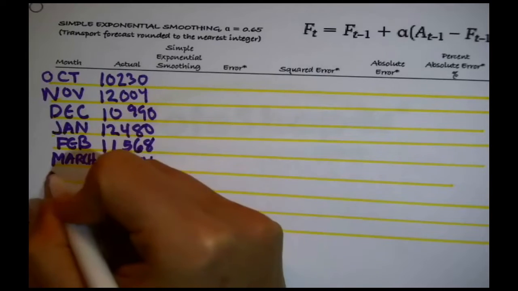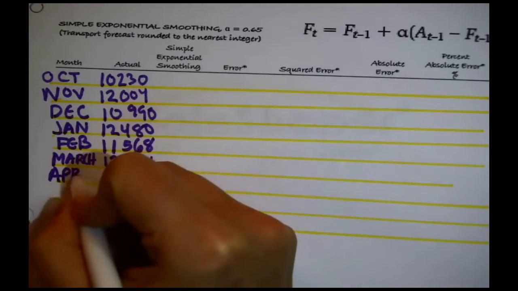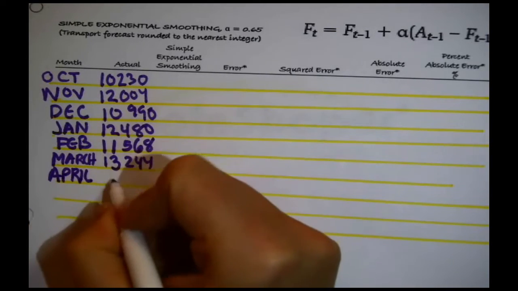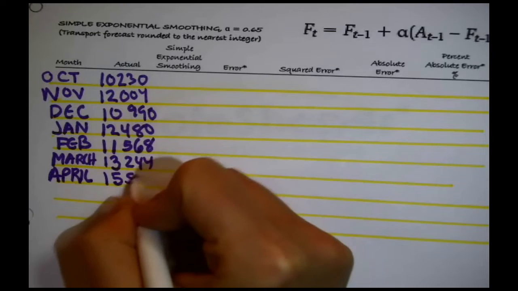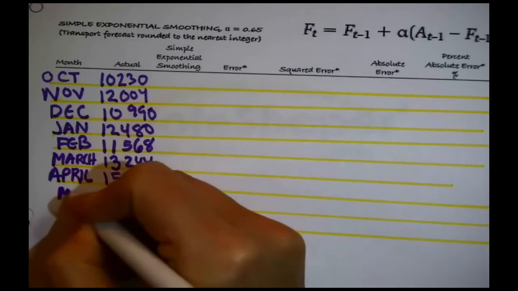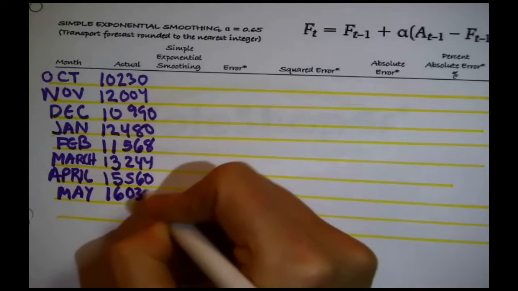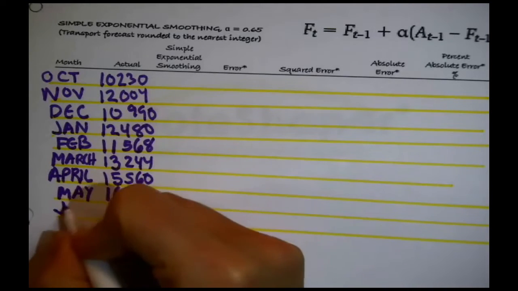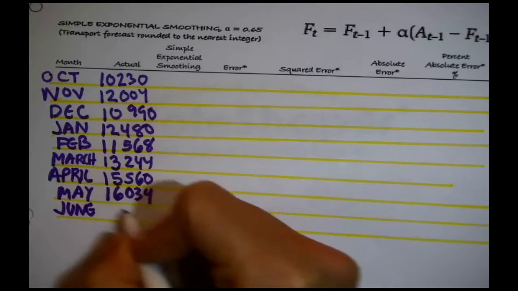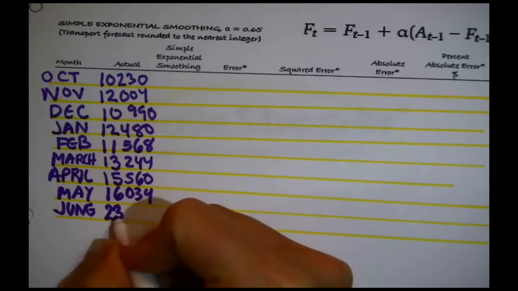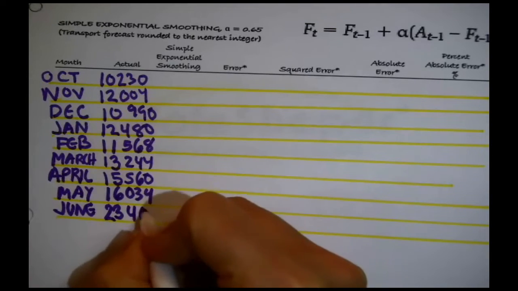And then April, the actual for April had been 15,560, and then May, 16,034, and then June. That was that big month for medical transportation. 23,400 is what actually had happened.